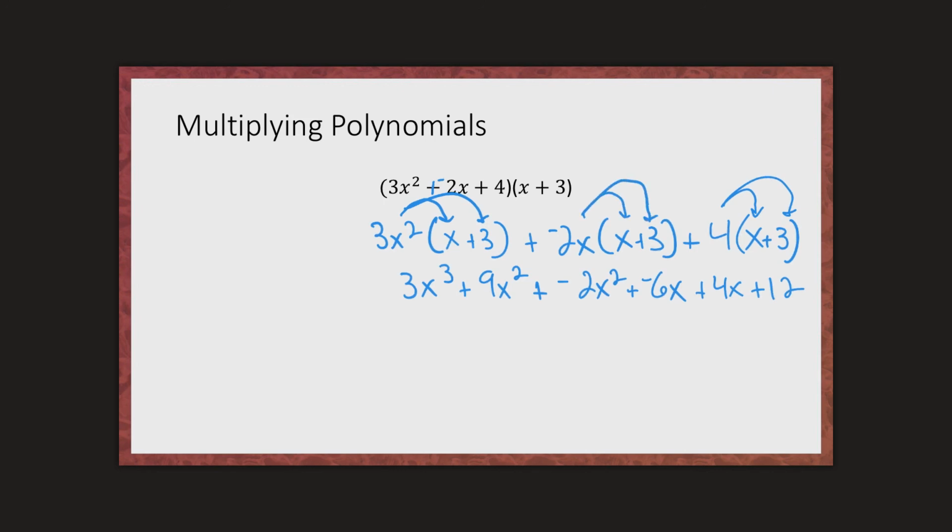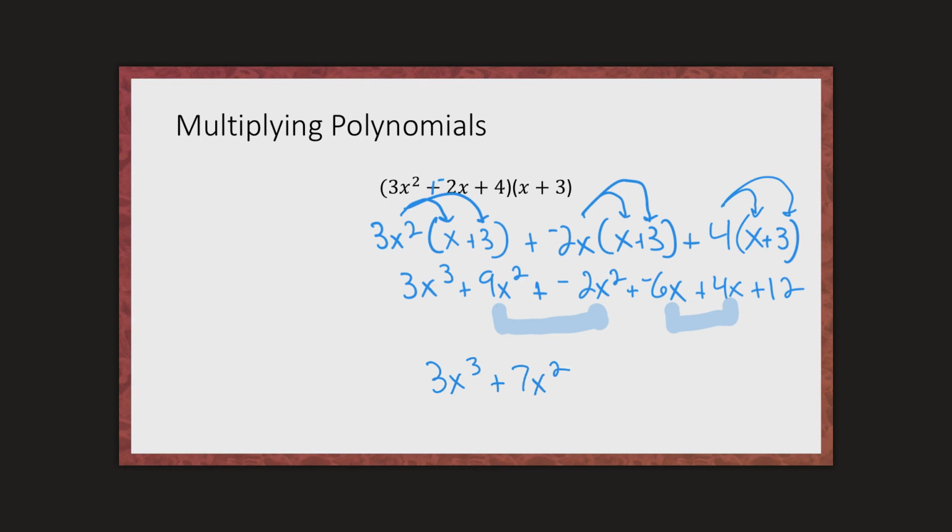Okay, I have some like terms here. And if you set up your problem in standard form, your like terms end up right next to each other. Like 9x squared and negative 2x squared, those are like terms, and negative 6x and 4x, those are like terms. So I can combine those together, just like we did with adding and subtracting polynomials, and simplify this a little bit further. So the 3x squared will stay, that has no like terms. 9x squared minus 2x squared is plus 7x squared.